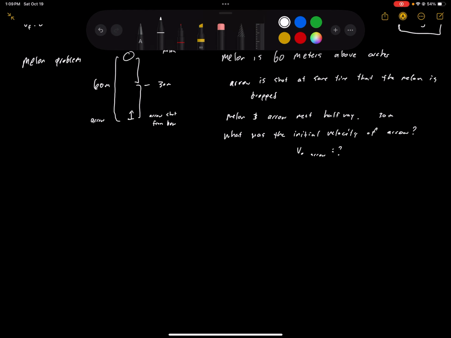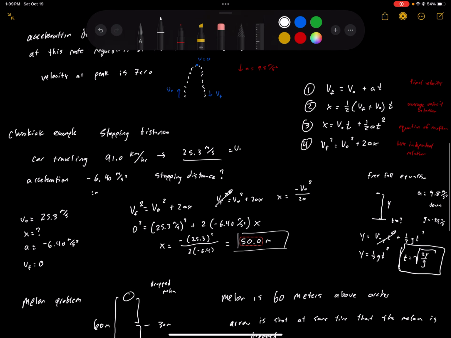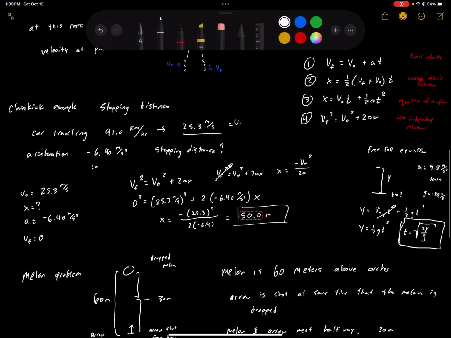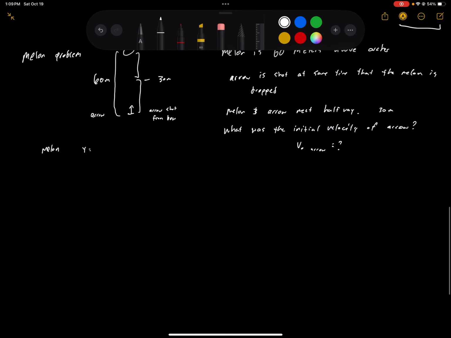So the relationship between these two scenarios: we know that the melon is going to fall some distance y. It's the same thing as using x, we're just going to call it y because it's in the vertical direction. So the distance that the melon falls is going to equal v naught y t plus 1/2 a t squared.